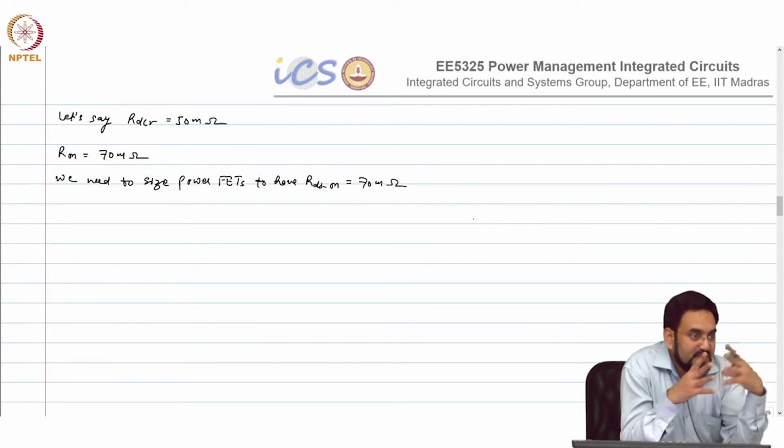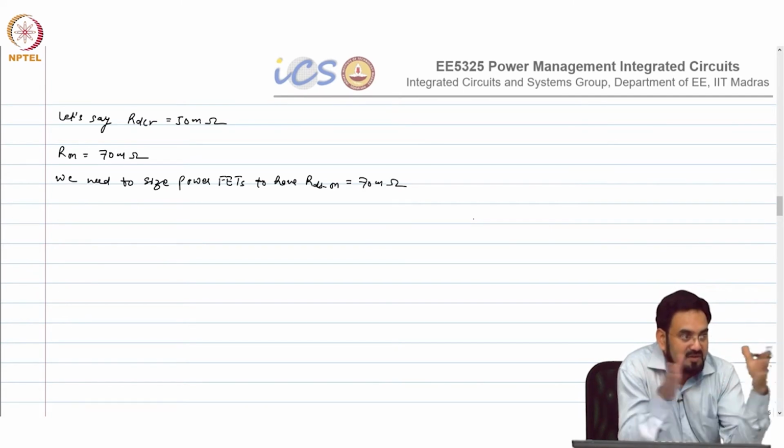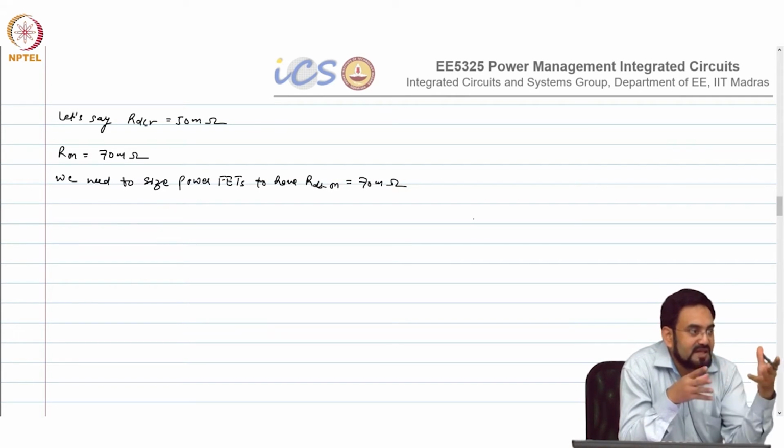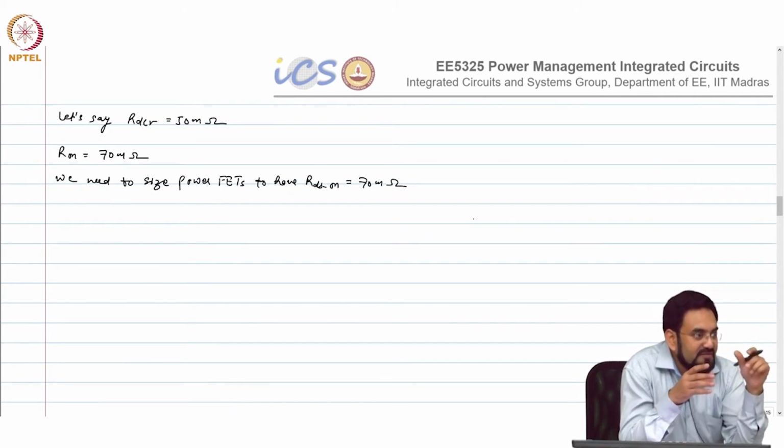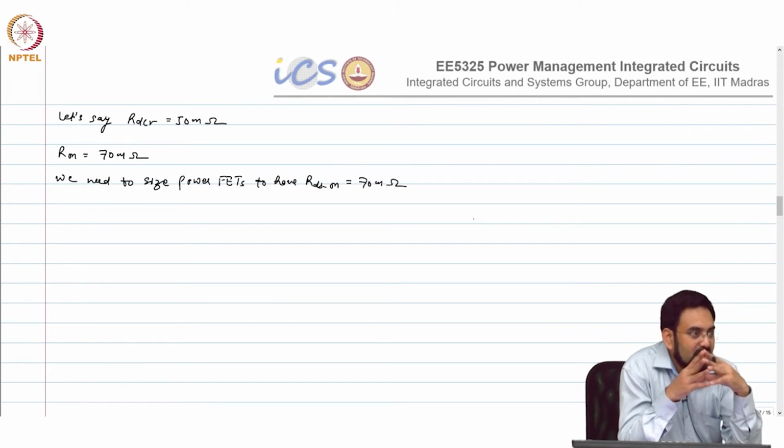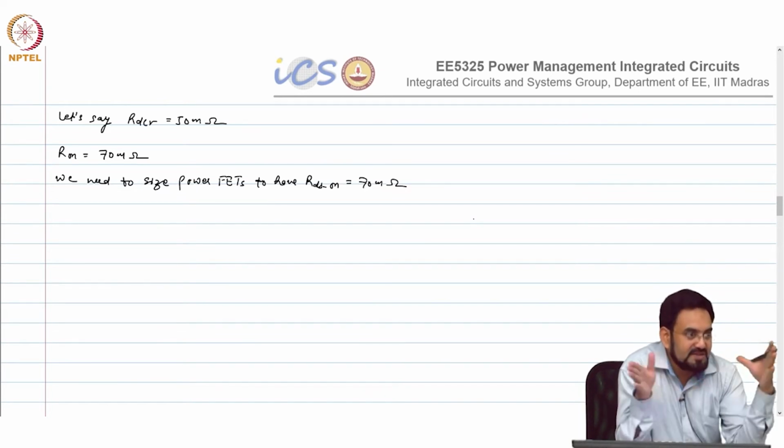So what are the conditions where PMOS will be conducting for a longer time on an average? If your duty cycle is more than 50%, then high side FET or PMOS is conducting for longer time compared to NMOS. Okay, so if you apply that formula, D into R on P plus 1 minus D into R on N, then from there you can optimize actually if you know the duty cycle range.